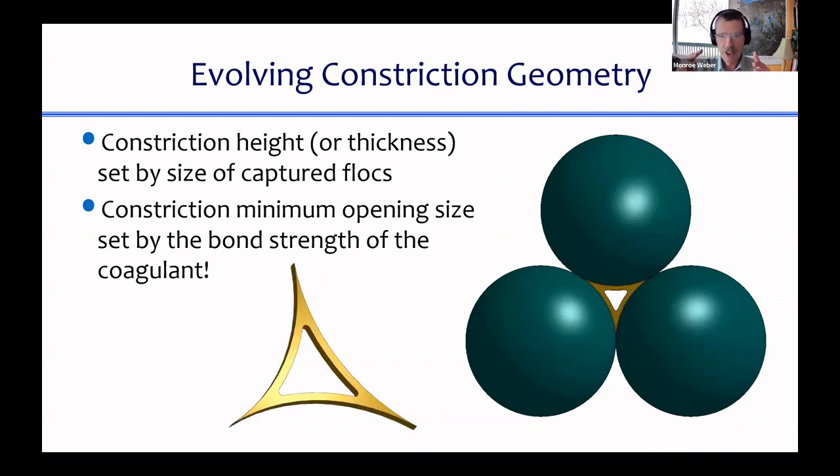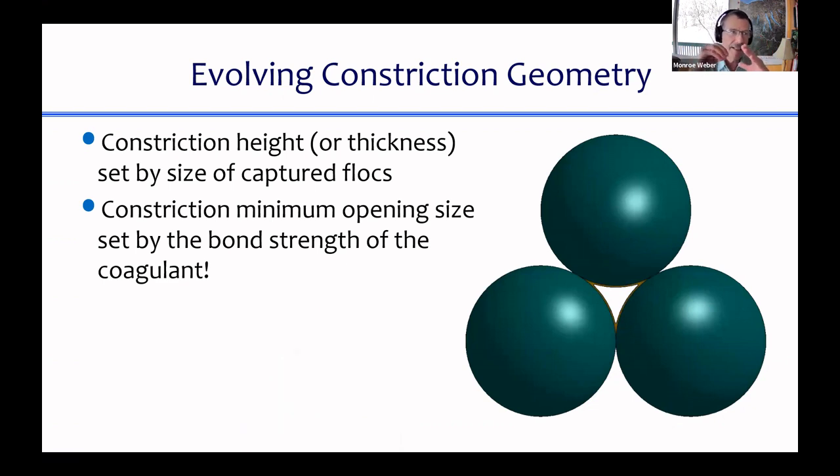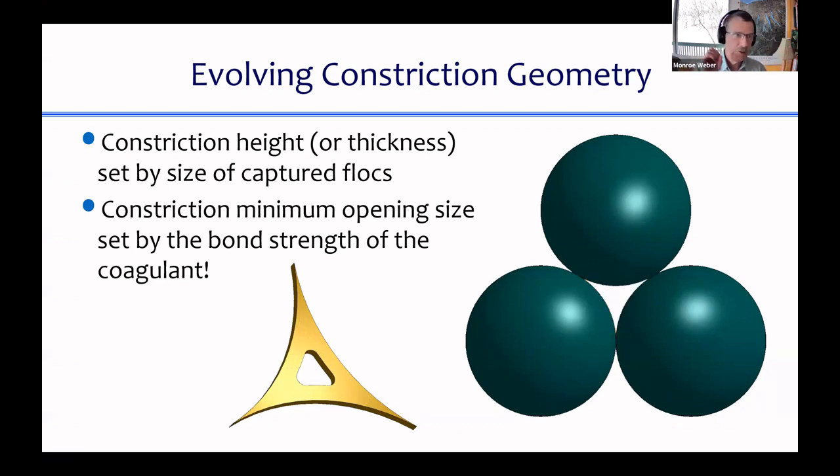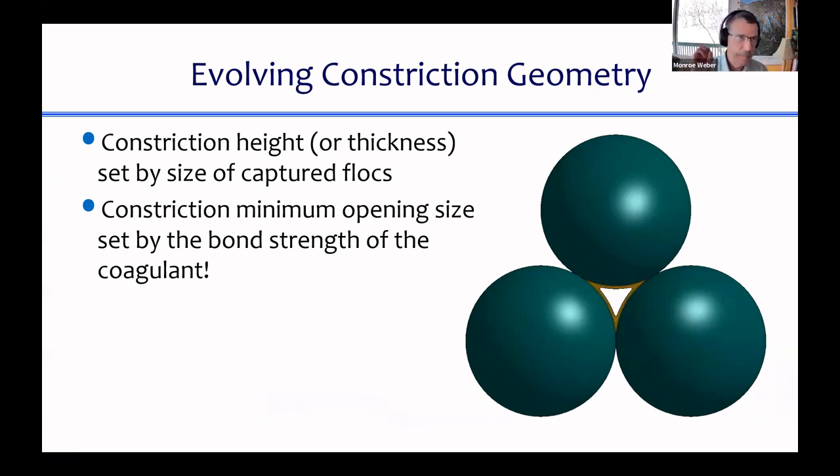And that constriction in the middle keeps on getting smaller and smaller until when a flock tries to enter that constriction, the force of drag on that flock is larger than the coagulant nanoparticle chemical bonds can withstand. And so even though the flock attempts to attach to the side of that constriction, it can't because it's being pushed too hard by the water. And so it keeps on going through.